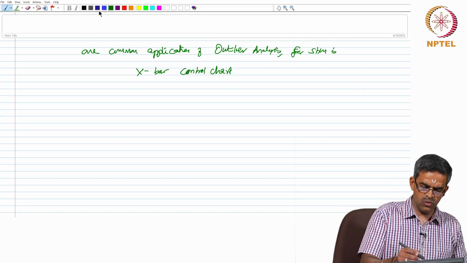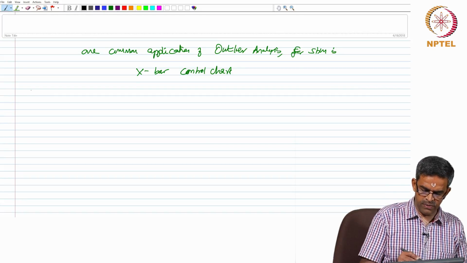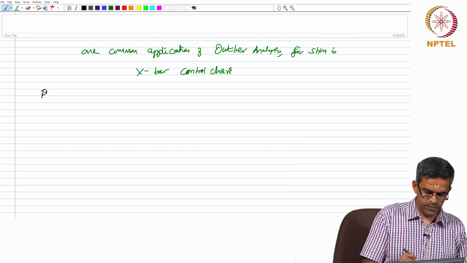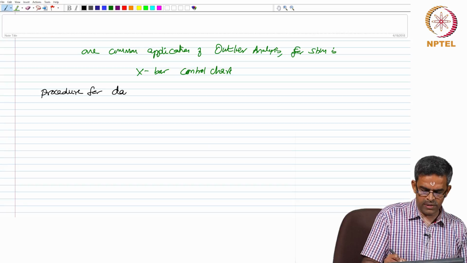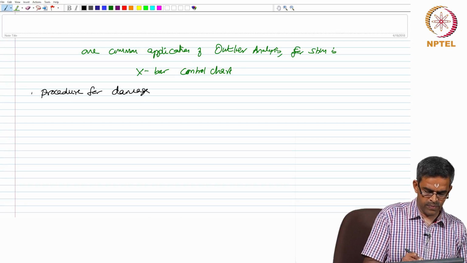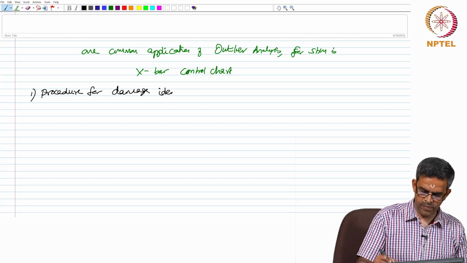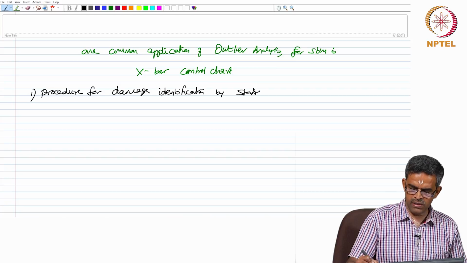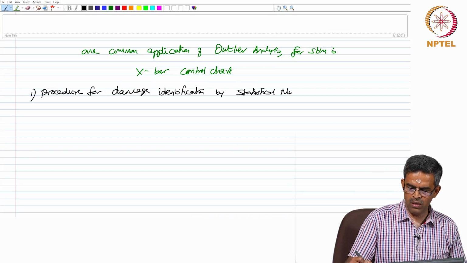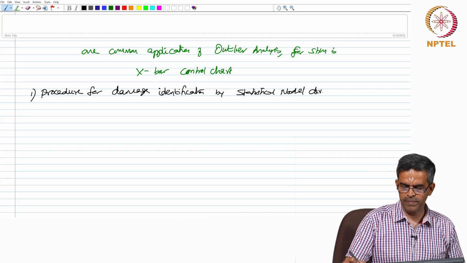Now, let us look into the procedure for damage identification by statistical model development.